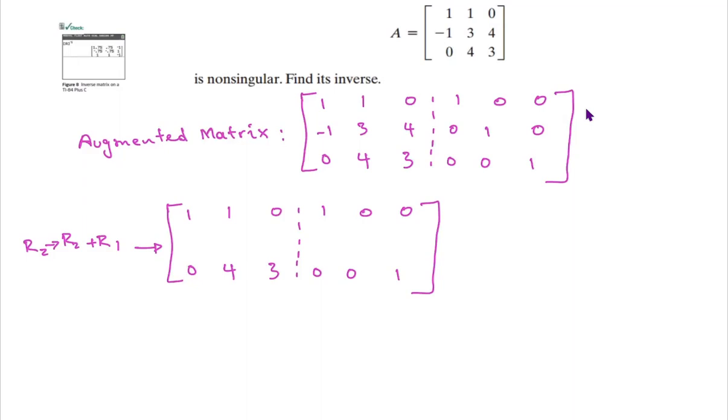So that's 0, and then row 2 plus row 1 gives me 4, another 4, then 1, another 1, 0.